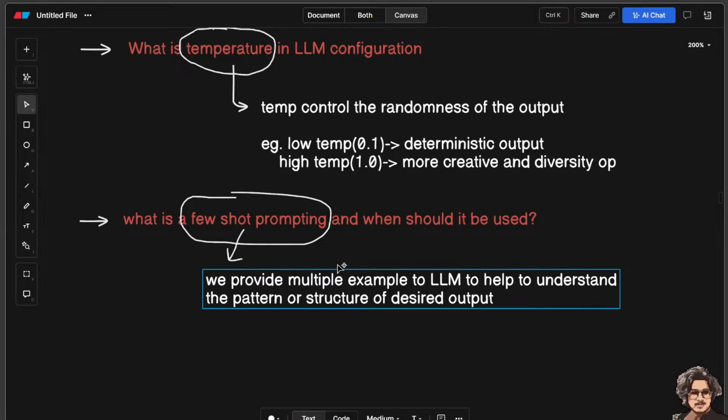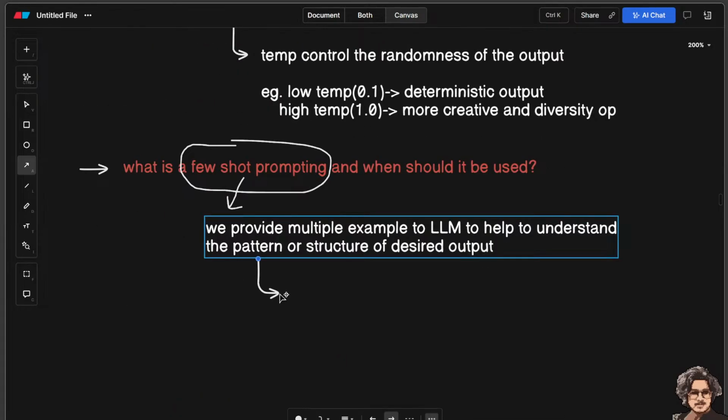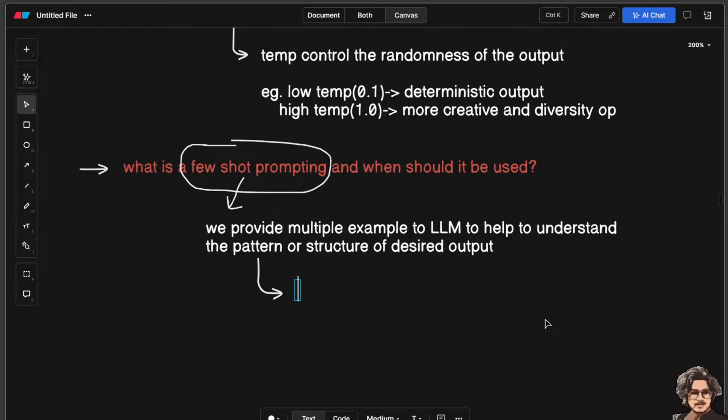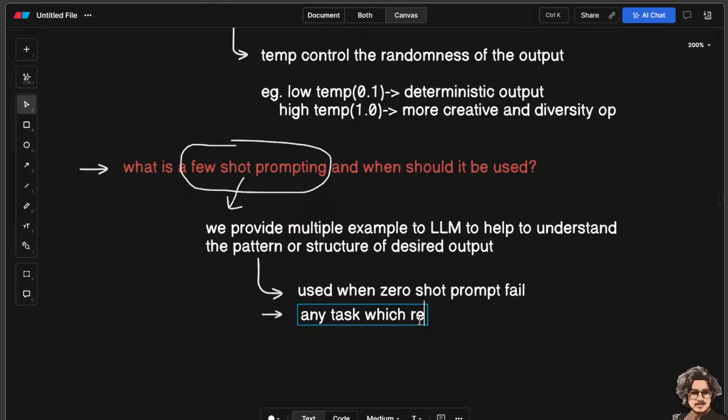So few-shot is used when the zero-shot prompt fails, or when the task complexity requires demonstration or accuracy.